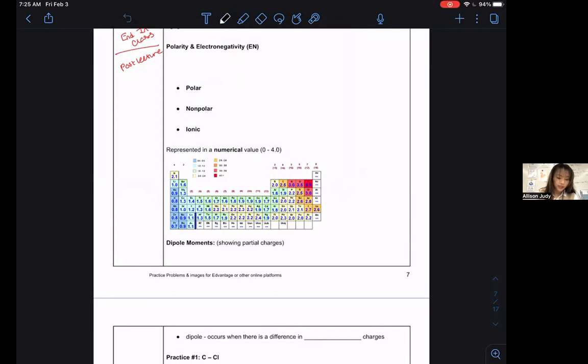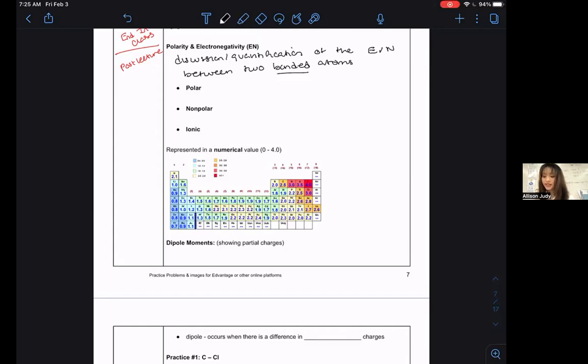So we say that polarity is really a discussion/quantification of the electronegativity differences, I'm going to abbreviate as E/N, between two atoms in a bond, or between two bonded atoms.